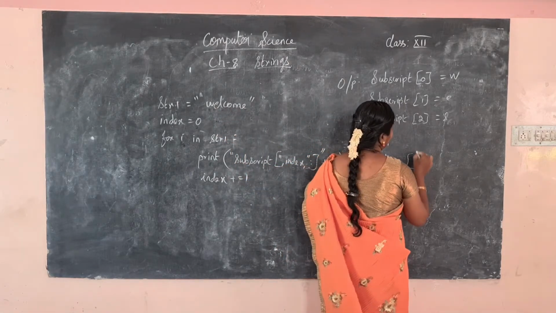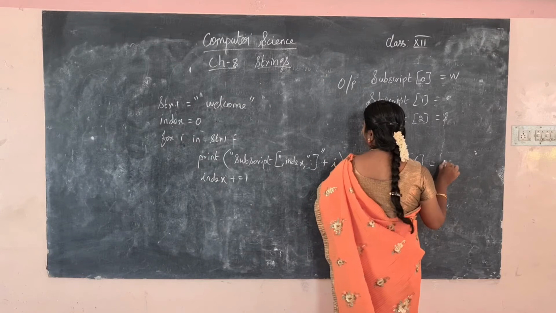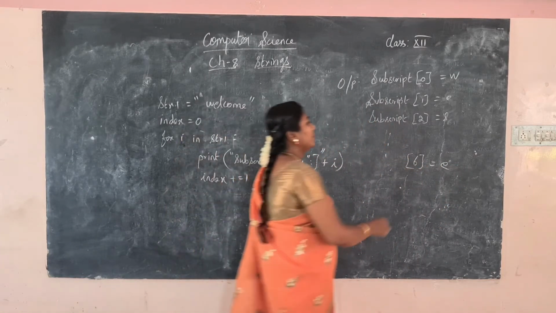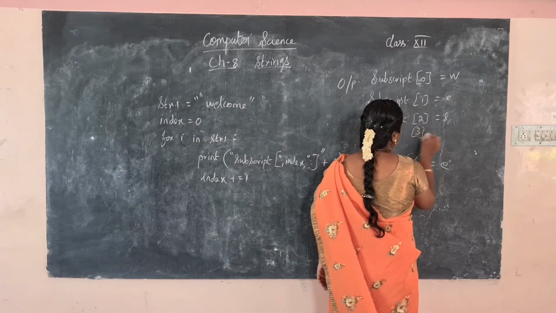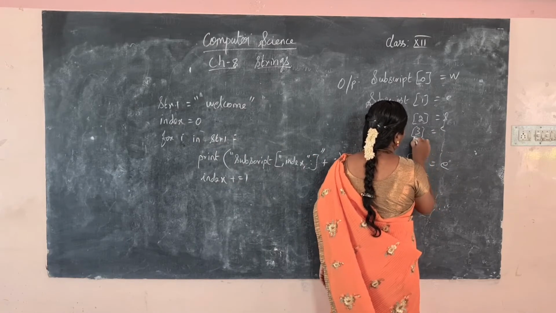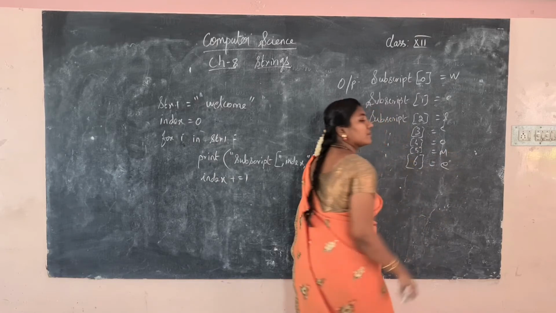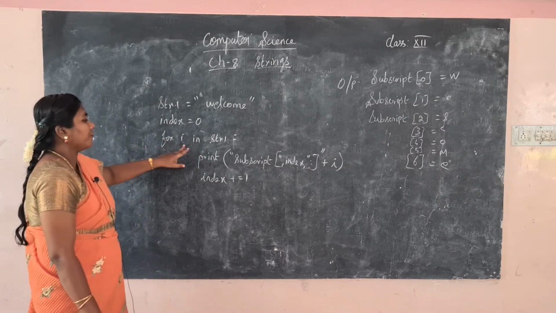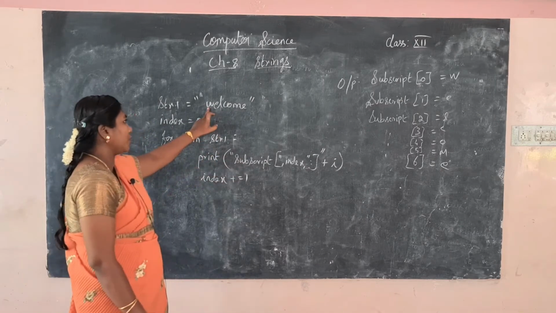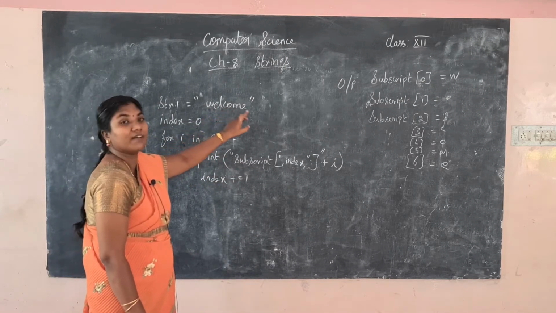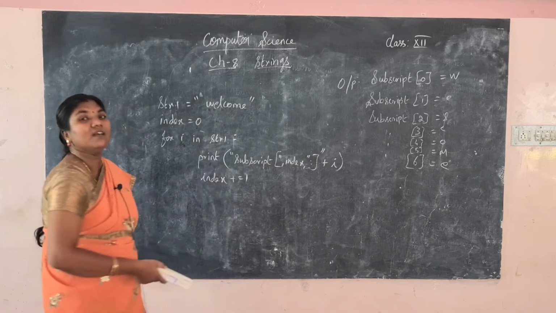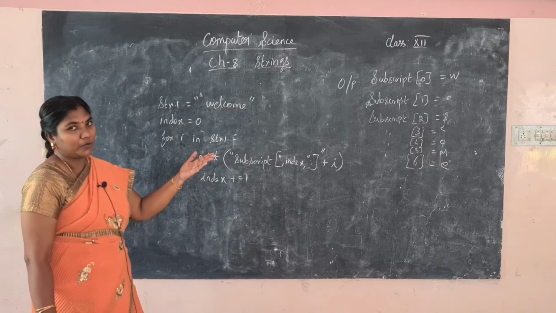Your output will be like this: W, E, L, then for 3 it is C, 4 is O and for 5 it is M. So this will be your output, for subscript of index 0, 1, 2, 3, 4, 5 and 6. As I have given the positive subscript, I am having the output like that.